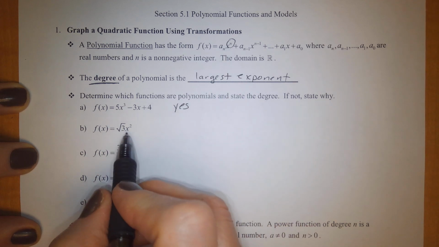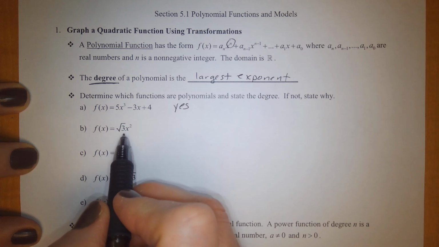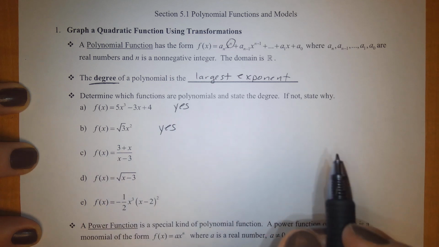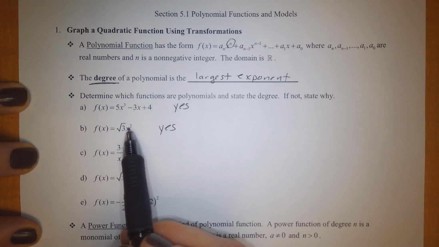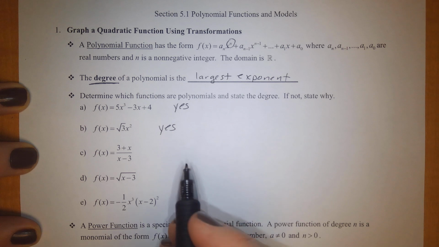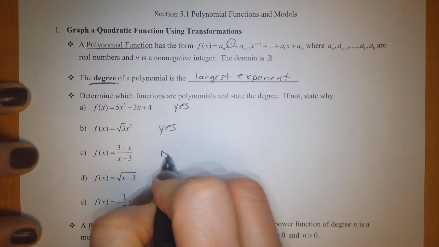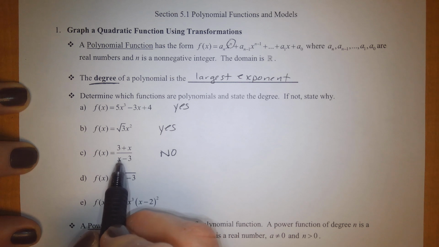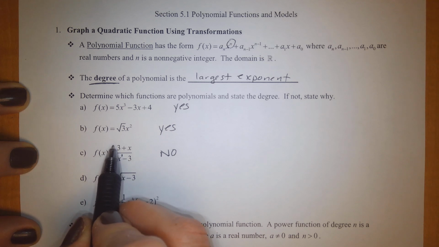So let's look at this one. We have square root of 3 times x squared. Yes, this is a polynomial function. It has a non-negative exponent, and it has a real coefficient. This next one is not a polynomial function, and the reason is because this x in the denominator, if we wrote it in the numerator, would be x to the -1.